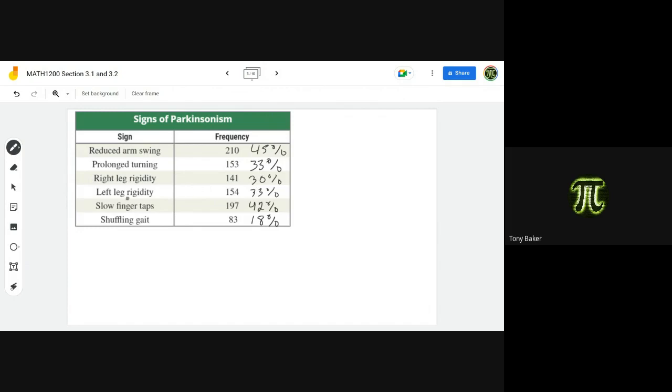The interesting thing is, and I don't know why, left leg rigidity was more than right leg rigidity. Maybe it's something about where it happens in the brain, because it switches sides. Like a lot of strokes happen in the left side of the brain and it affects the right side of the body.